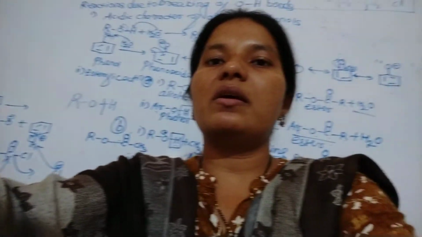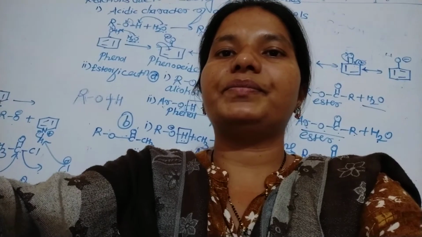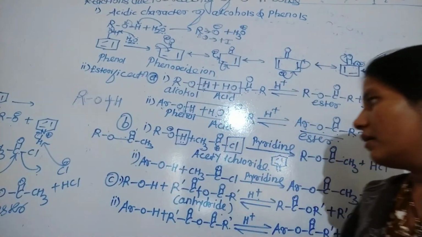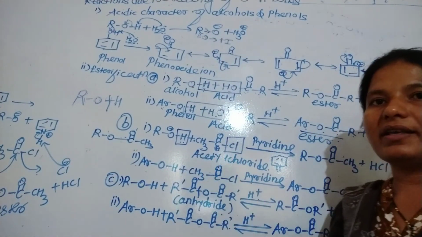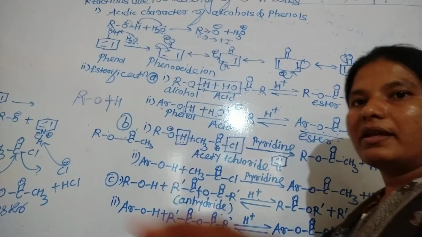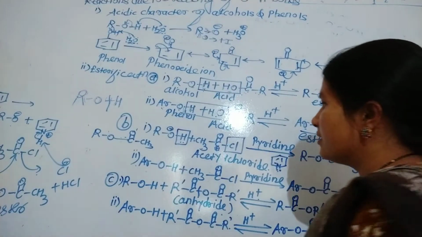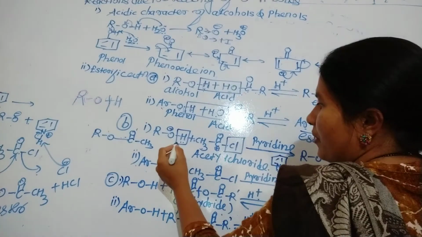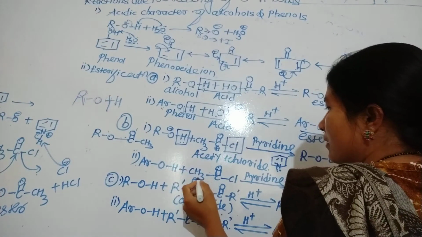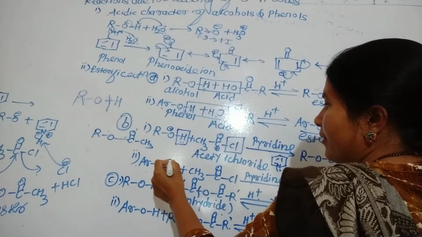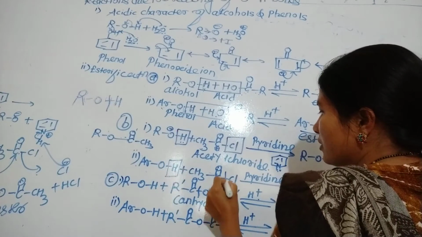This is the simple mechanism for formation of ester from acetyl chloride. Then the next point: you can also prepare ester from phenol. Simply this hydrogen and Cl.